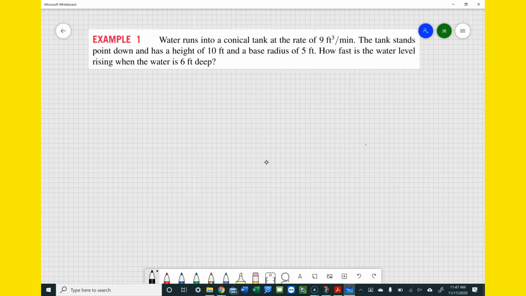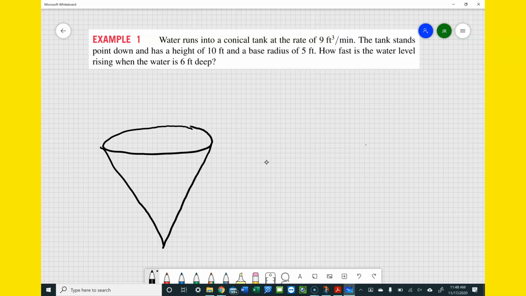So we've got a conical tank that stands point down, and water is coming into this thing at a rate of 9 feet cubed per minute.